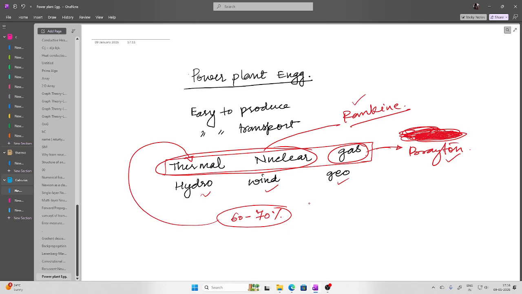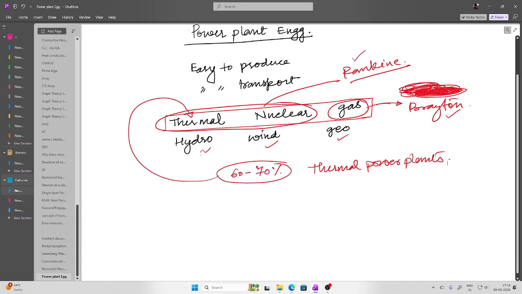This is the reason why I will be focusing on thermal power plants in this particular series. And when it comes to thermal power plants, you should know a little bit about thermodynamics, specifically properties of pure substances, so that you can grasp some of the important concepts related to the Rankine cycle and all.